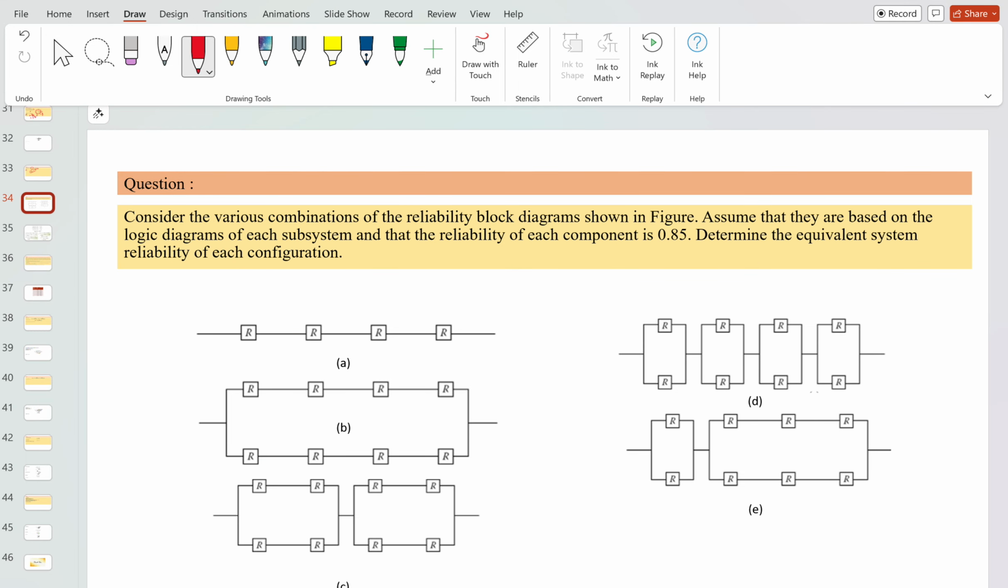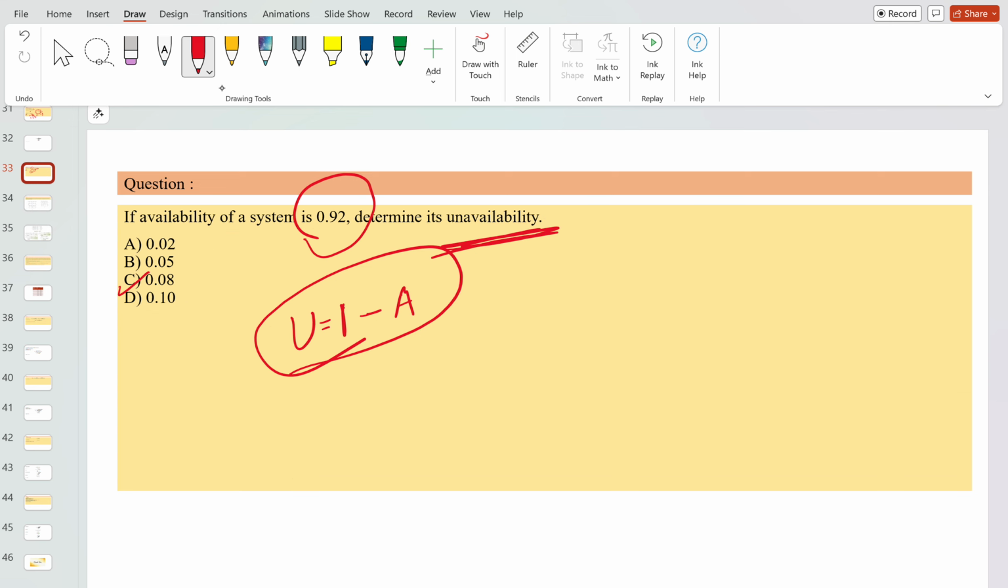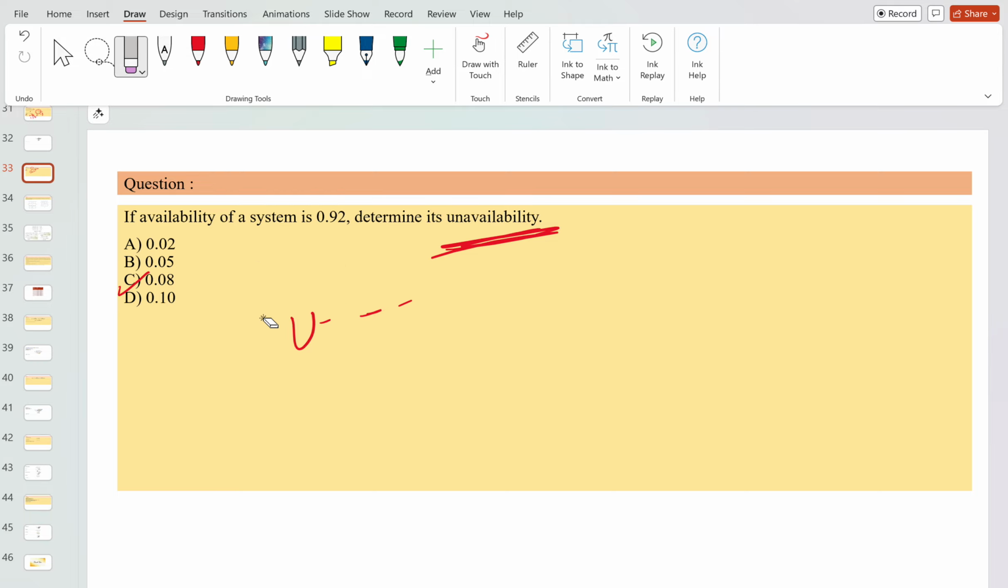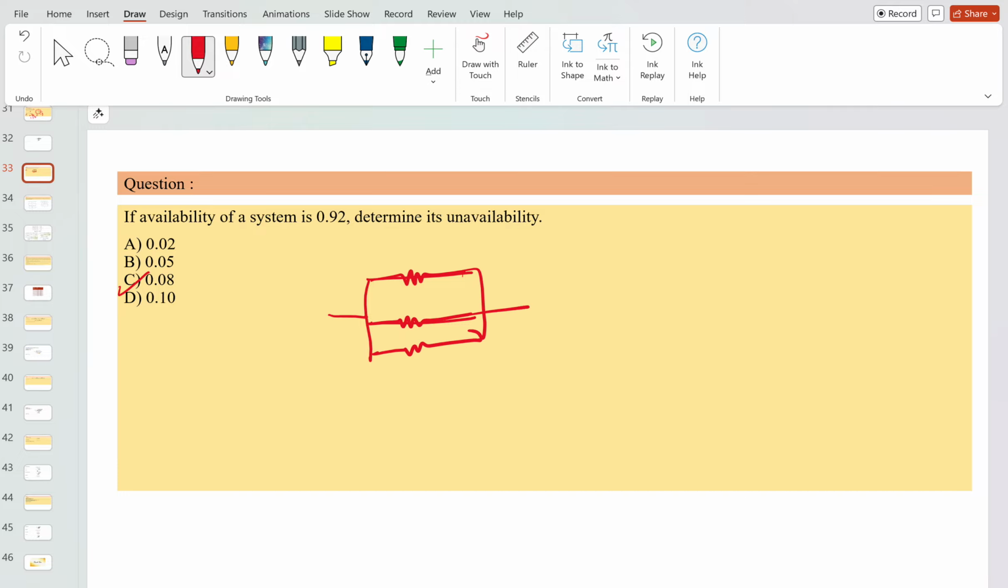Okay, let's move forward. So this is one kind of configuration given, with multiple configurations. There is an analogy, let me explain. Suppose there is a parallel system. Suppose parallel resistances are connected, and there is one voltage source.